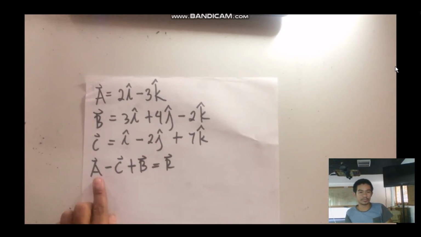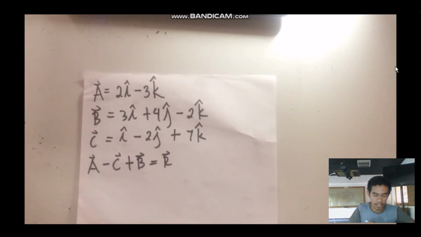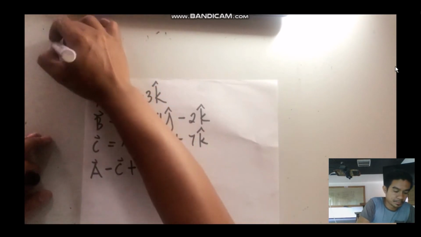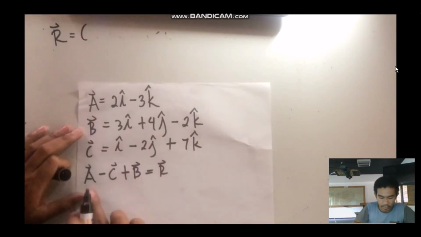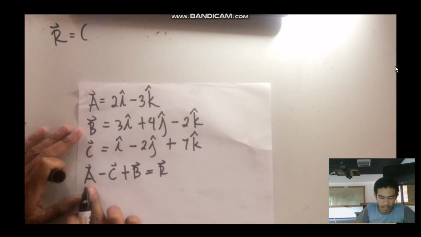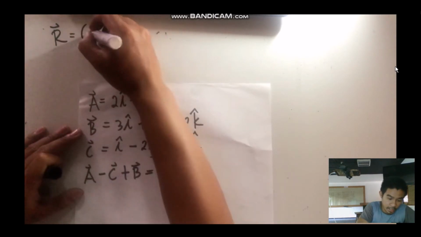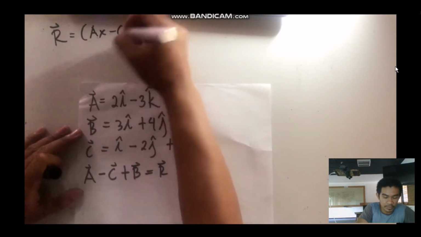And then we will look for vector A minus vector C plus vector B, which is equal to vector R. So this is three vectors. Vector R equals, the first vector is vector A, so this is A of x. What's next? Minus C, so that's minus C of x.